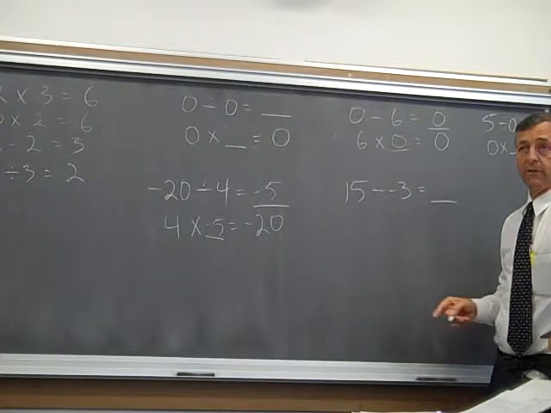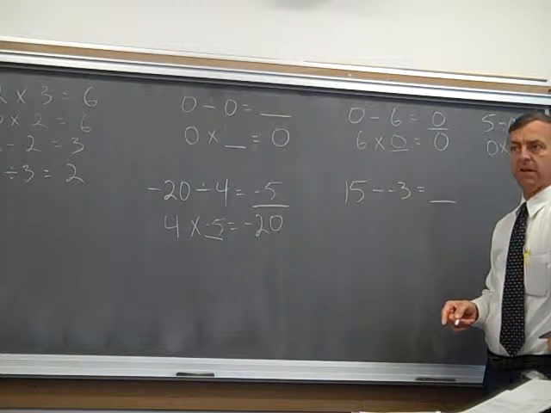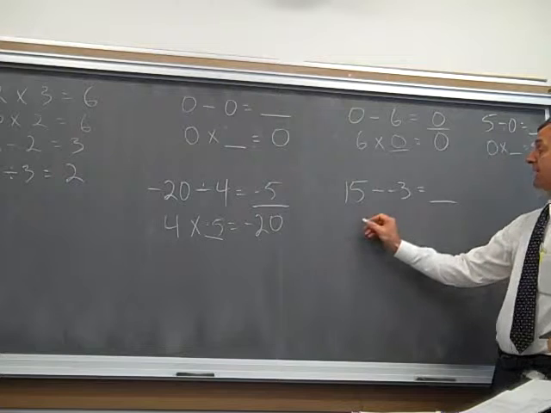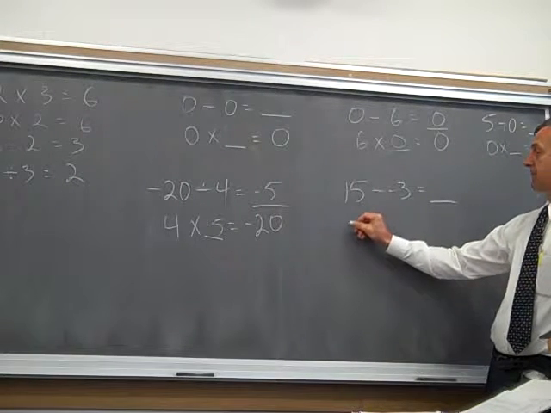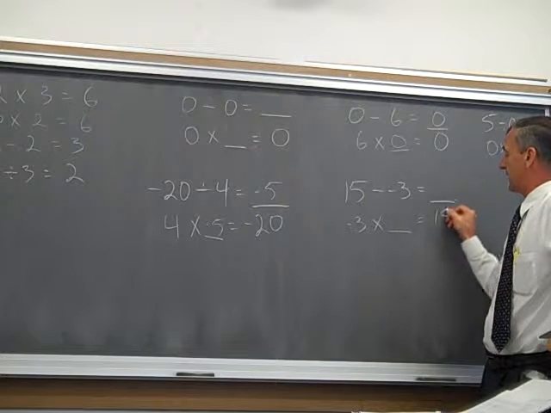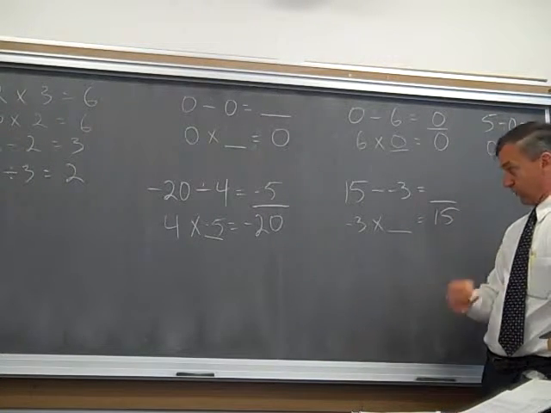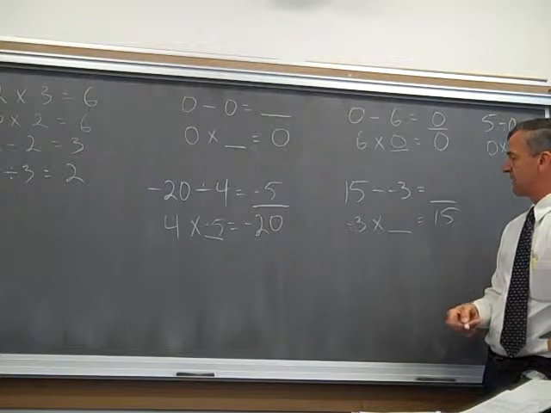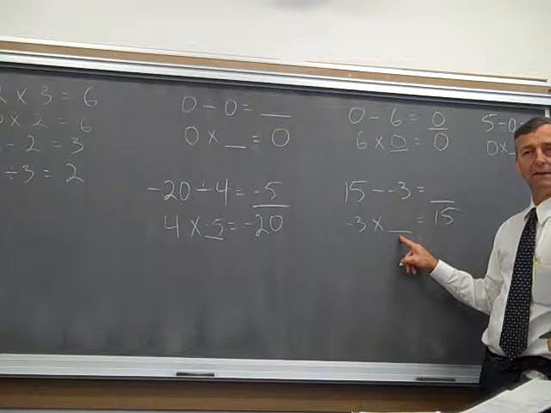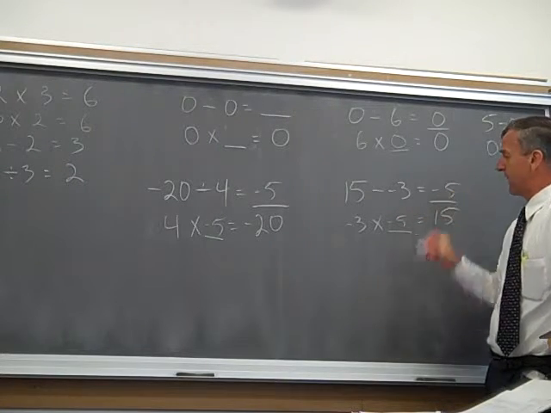Well, I don't know, because I don't know my division rules. I haven't invented them yet. So I'm going to write what? Negative 3 times blank equals 15. Well, if I've got my multiplication rules that I've invented, I know this has got to be a negative 5. Therefore, this has got to be a negative 5.